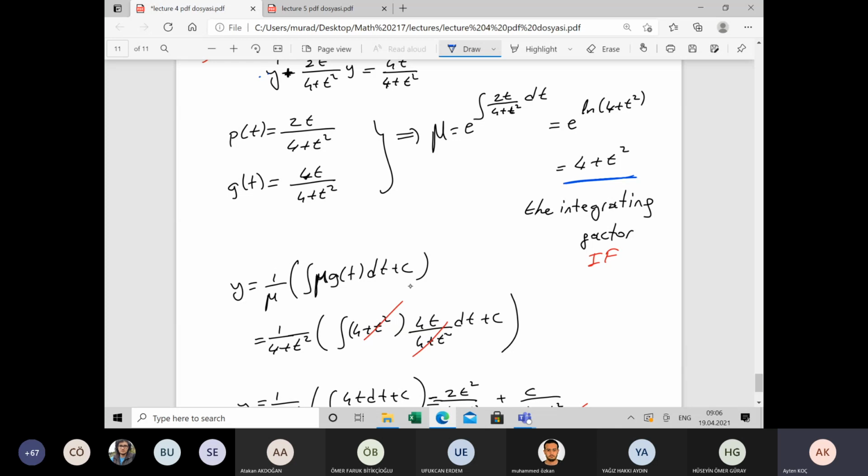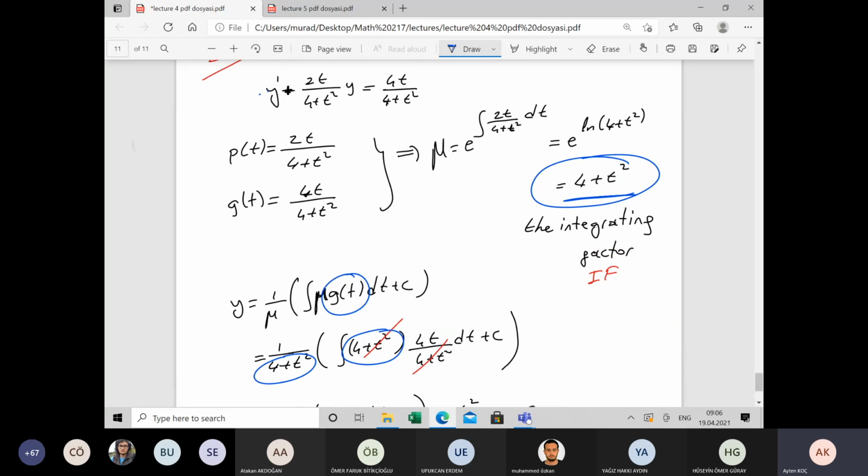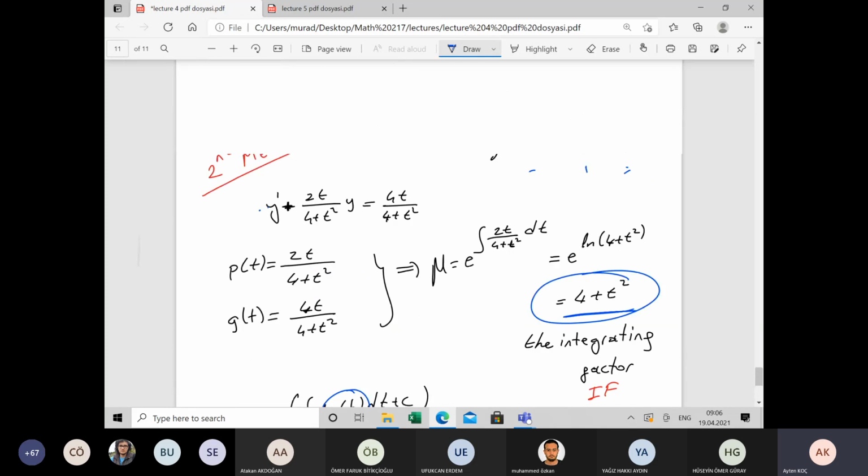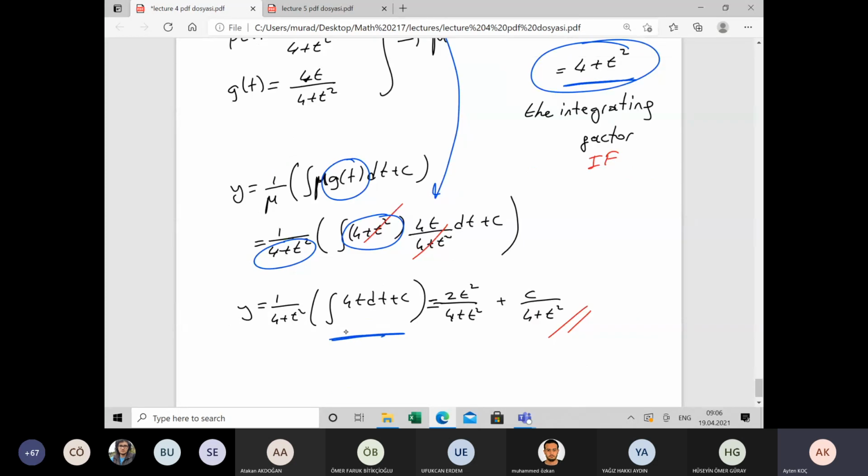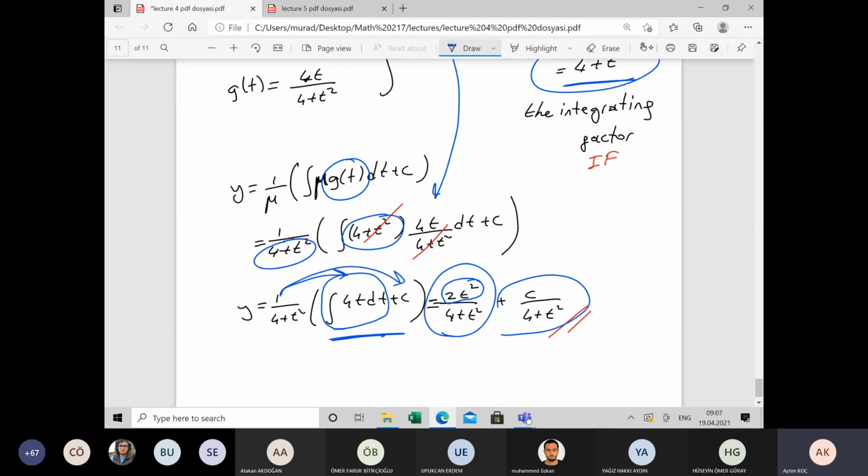Right here, mu is this one, and mu times the right hand side g of t, substitute here plus c, and cancel, we obtain this integral. What's this integral? This integral gives 2t squared, multiply by this one, and we obtain the same result.